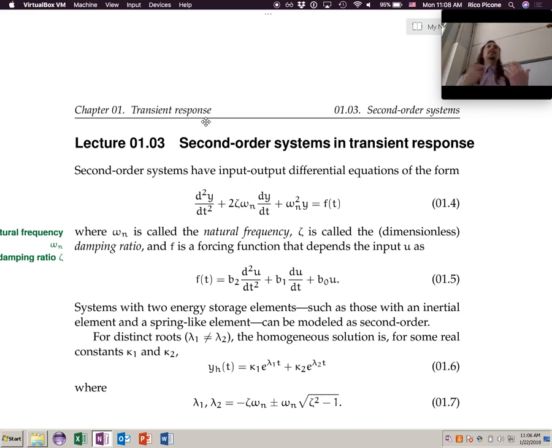This chapter has been about understanding the transient response of a system. Specifically, we've been focused on systems described by input-output ordinary differential equations, linear differential equations. And we went in depth last time on first-order systems.